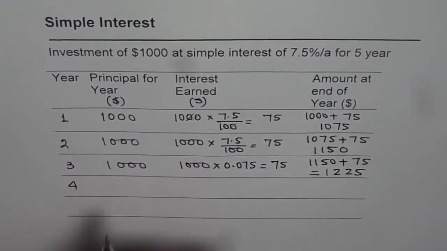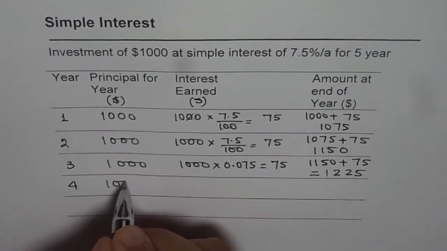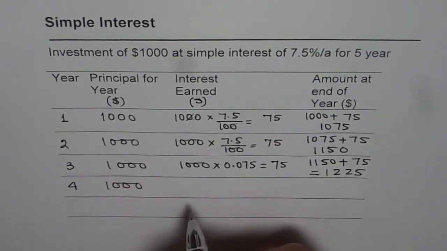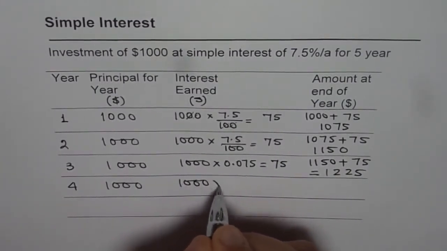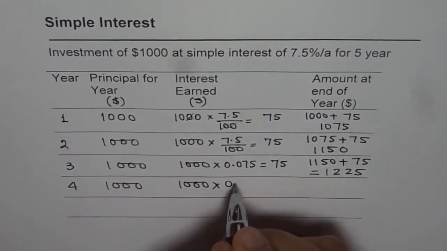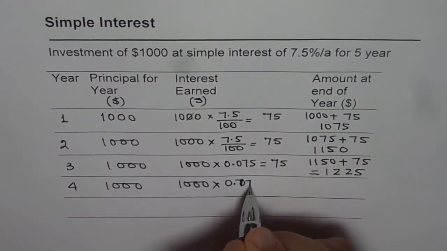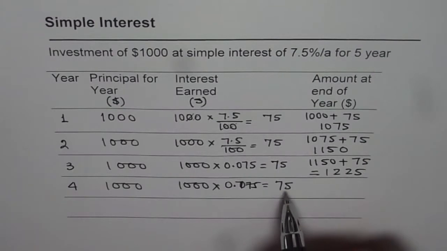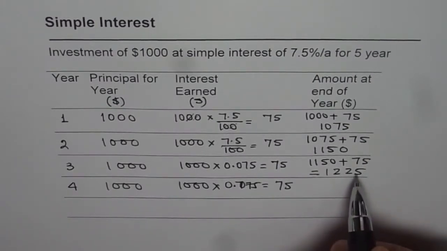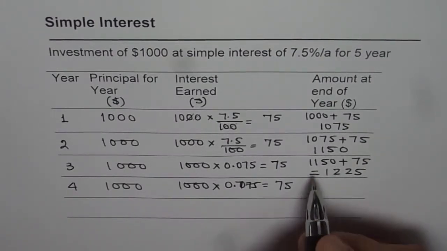Now at the beginning of the fourth year, $1,000 is the original amount which was invested, called the principal. On this amount, you get interest of 7.5%, which is 0.075, that is $75. So that interest gets added to whatever is there in your account, which is $1,225.